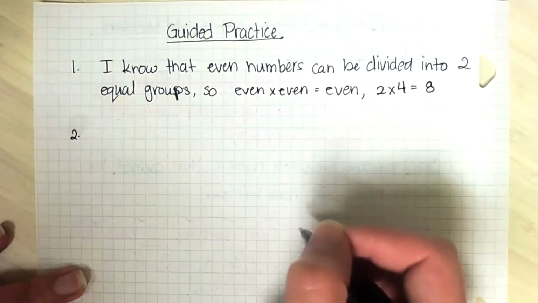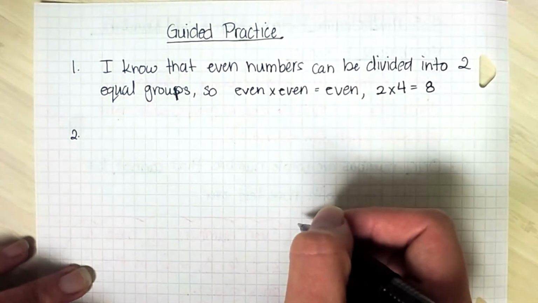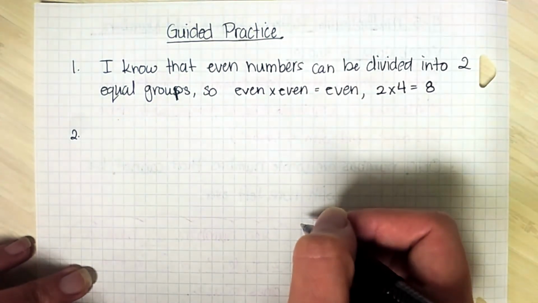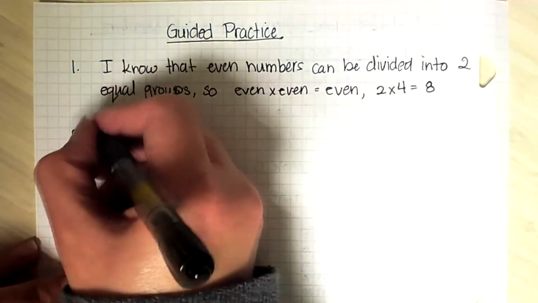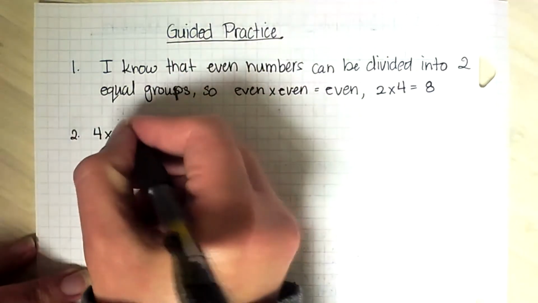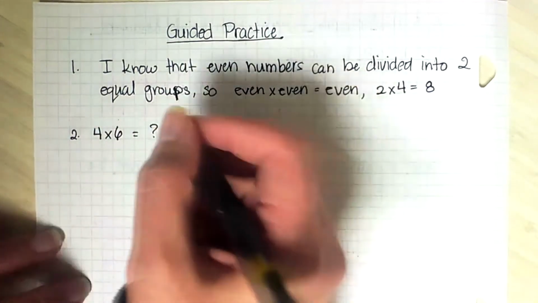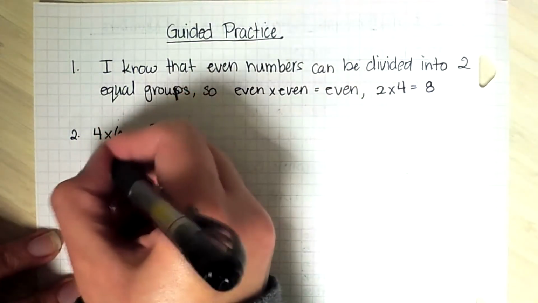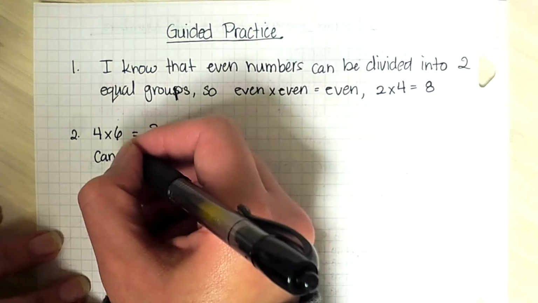Let's take a look at number 2. Number 2 says write or circle to complete the sentences, then solve. So we need to figure out 4 times 6 is equal to something. Now the first part says, can 4 be divided by 2?